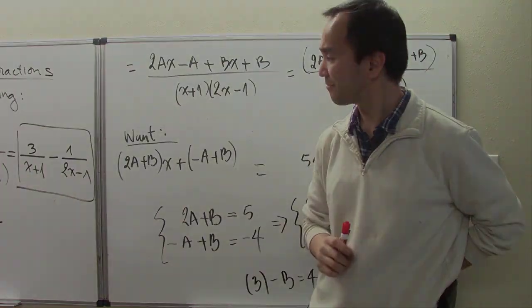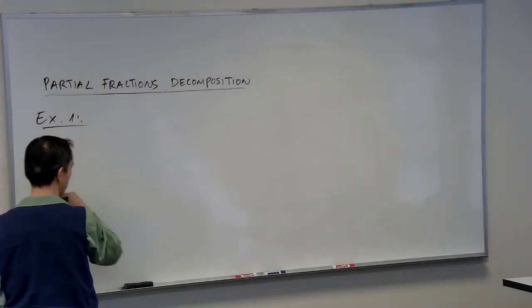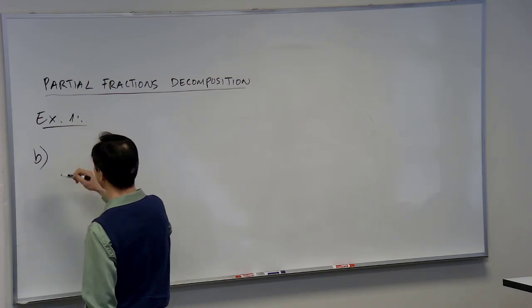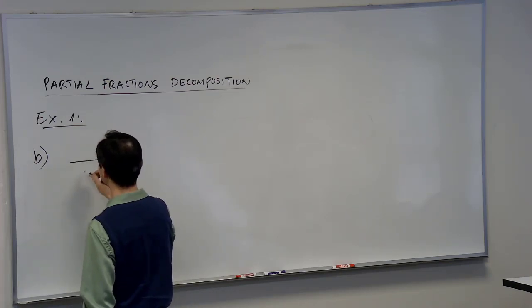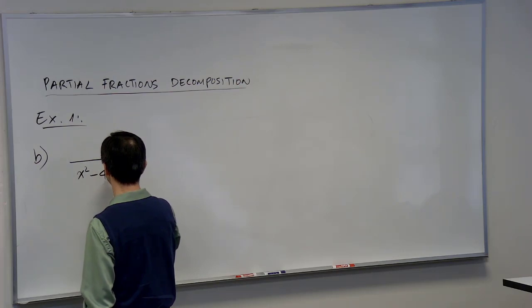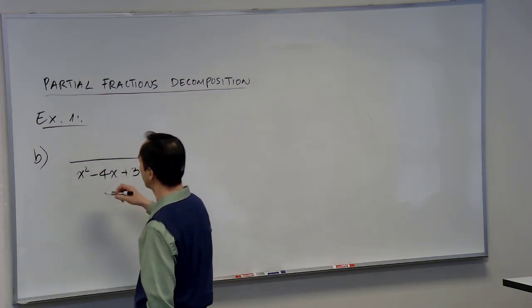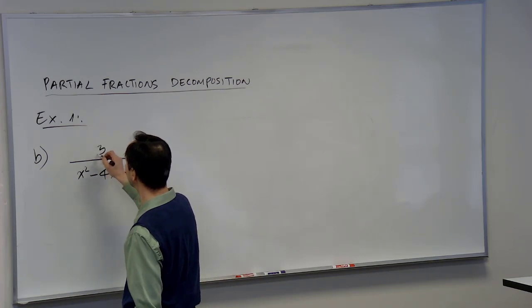Okay, let's look at part B now. So part B, you guys really already got a good hang of it, so I just want to bring up something. There's a square minus, and then there's a 3 here.